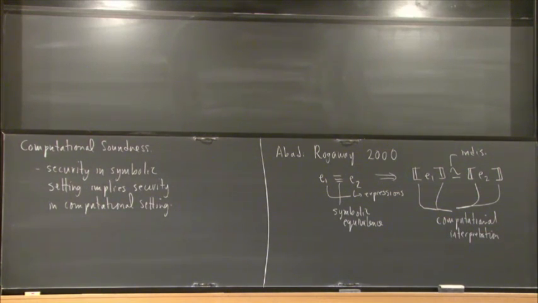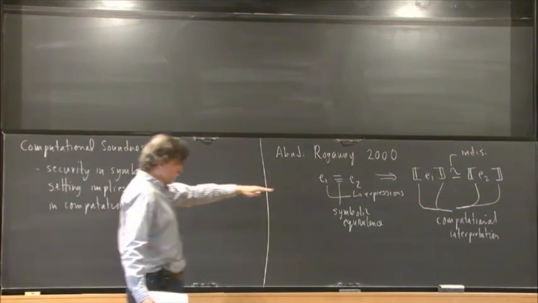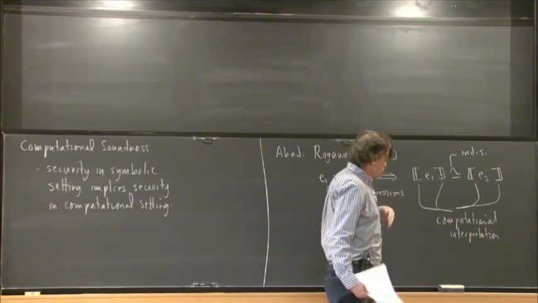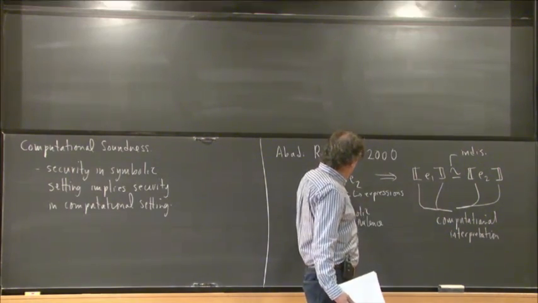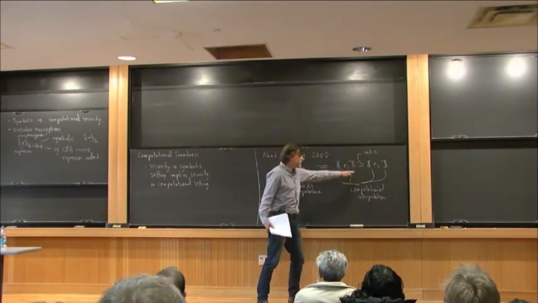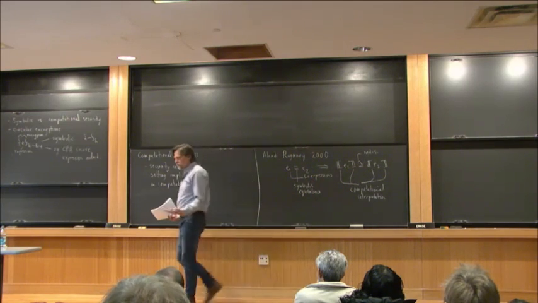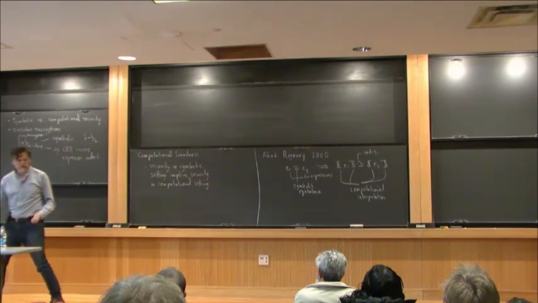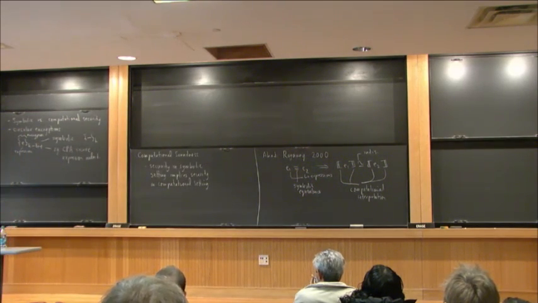So if we use a secure encryption function as part of our semantic mapping, and we're able to symbolically show that two expressions are equivalent, then this computational soundness result allows us to conclude that the two expressions, their interpretations are computationally indistinguishable.